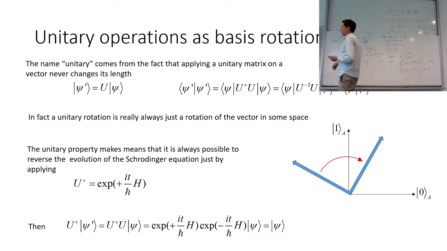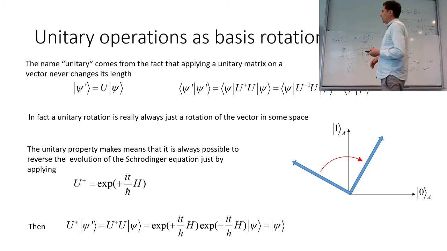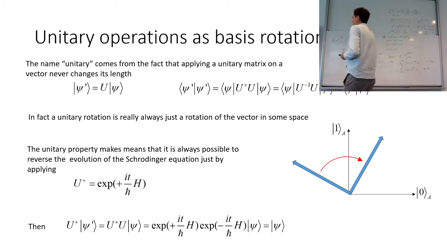And how do you know it's a rotation? Well, for example, let's say you apply some unitary operation on some state. Okay, so you can keep it totally abstract like this. Now, we know that the original state is a normalized state, right? Now let's check whether the rotated state is normalized or not. So take the inner product with itself.